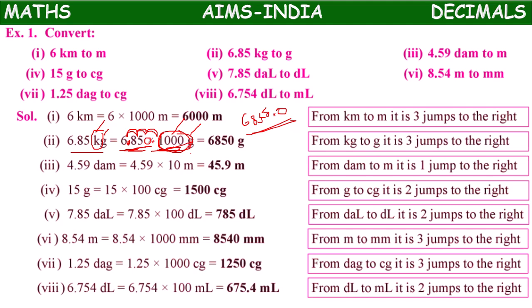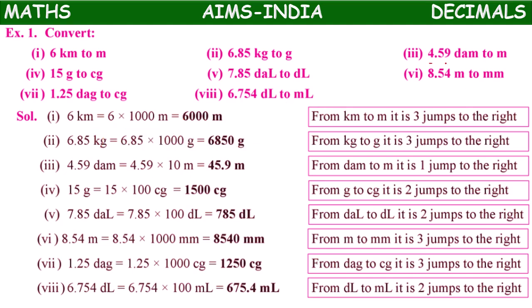But after the decimal point, if there is only 0, it has no value, so we can strike it off. 6850 grams. Like that, we can convert.